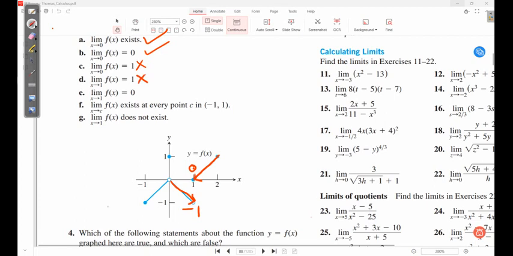The limit of f of x is 0. Is the limit 0? No, sir. Maybe before we denounce all these answers, what's the limit as x approaches 1?